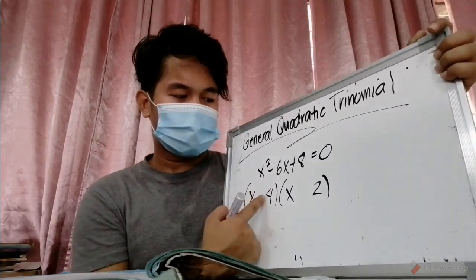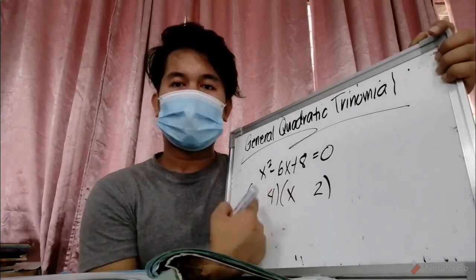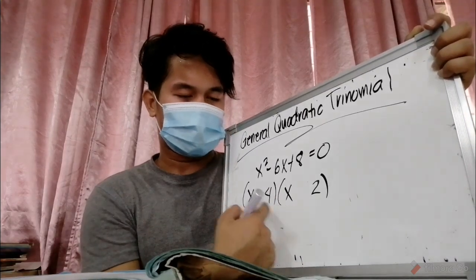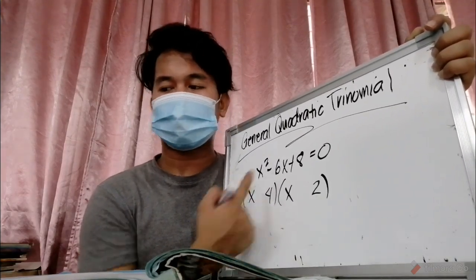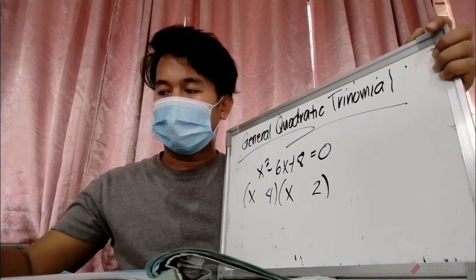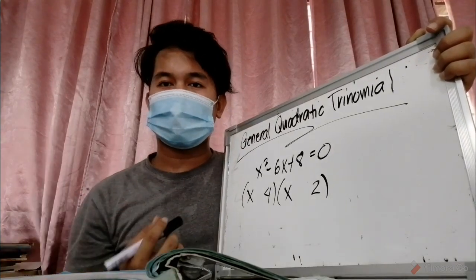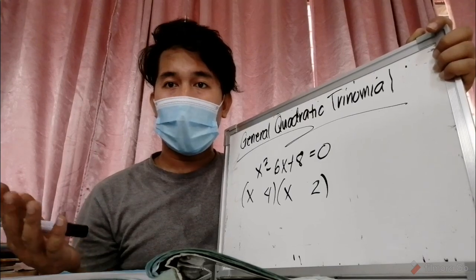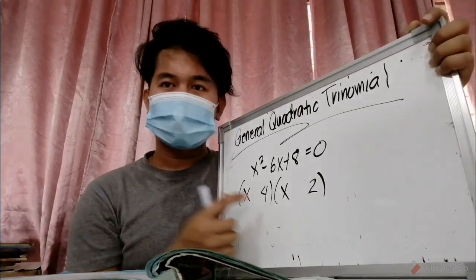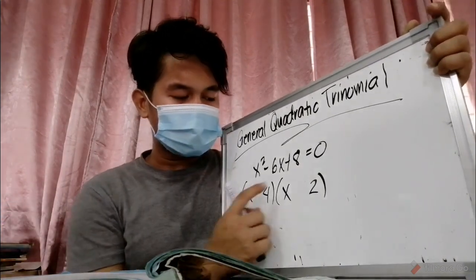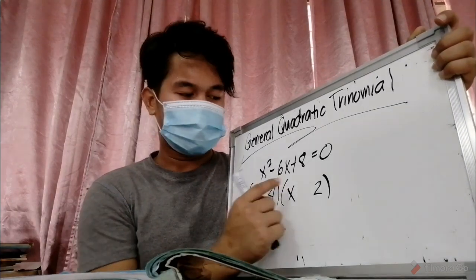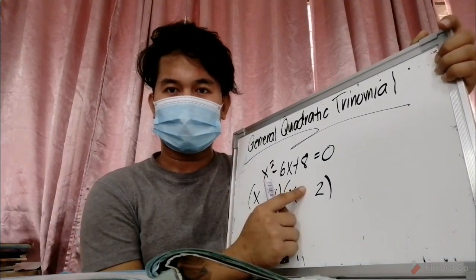Now, ano ba yung pwede natin gawin sa sign na to na kapag pinag-add natin or subtract, ang lalabas ay negative 6x? Okay, syempre, sabi nga natin kapag same sign, add, okay? Therefore, itong ating sign na to is pwede lang ay positive, positive, negative, negative.